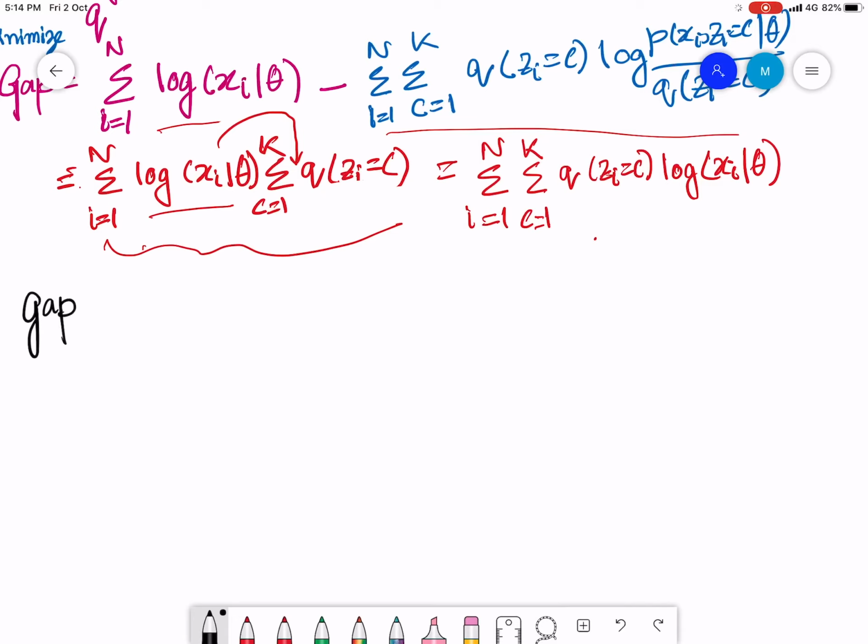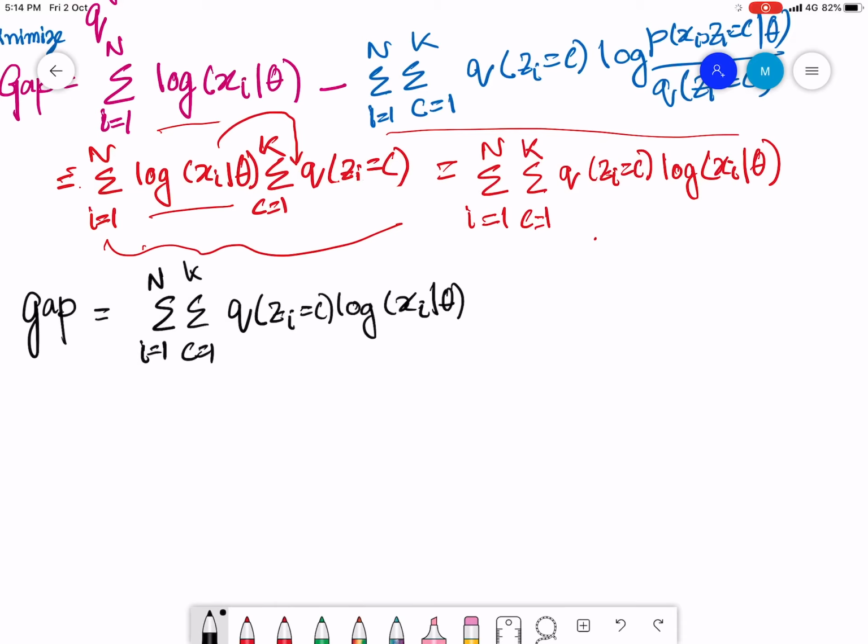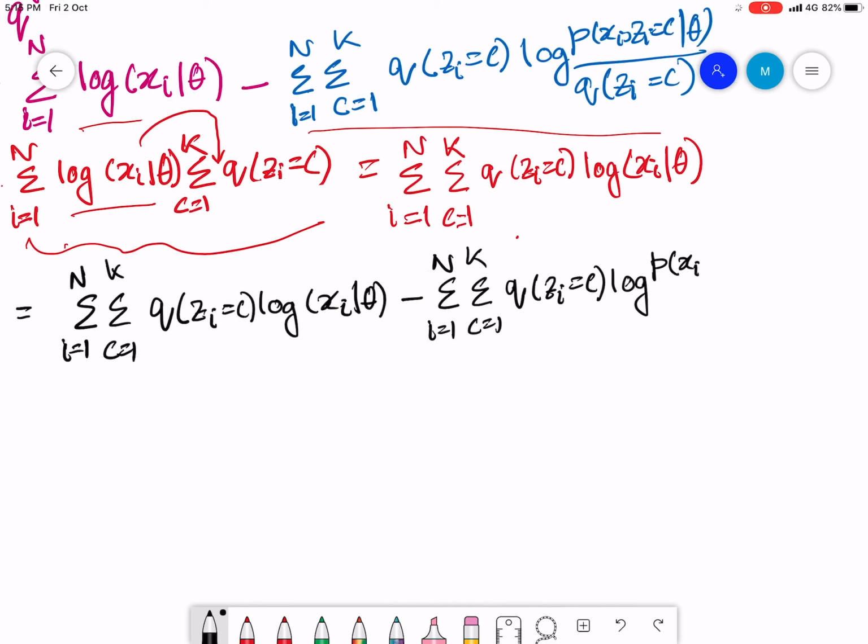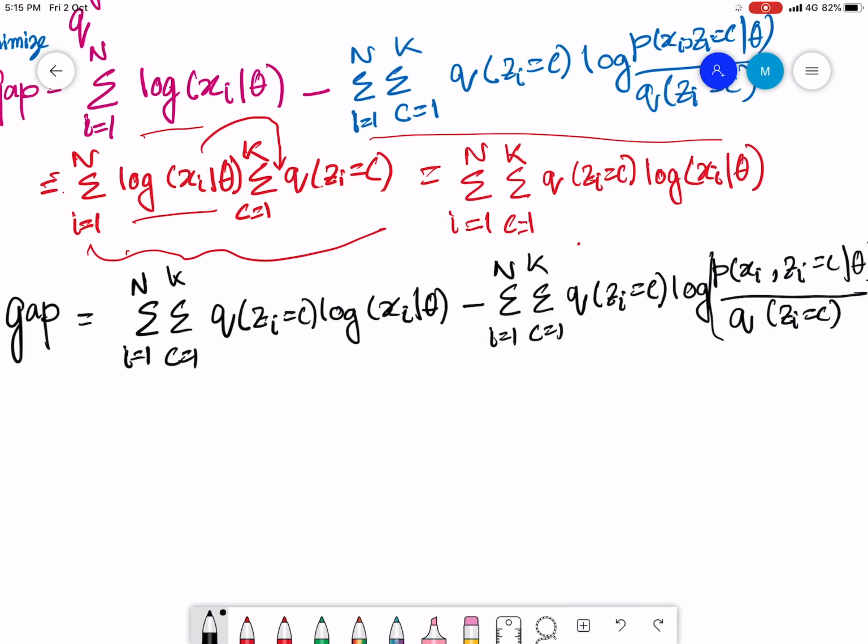Gap equals this quantity, q(z_i equals c) log of x_i given theta, minus the summation i equals 1 to n, summation c equals 1 to k, this quantity, the lower bound quantity, q(z_i equals c) log of p(x_i, z_i equals c given theta), the entire thing is inside log q(z_i equals c). Okay, I have just copied this expression.